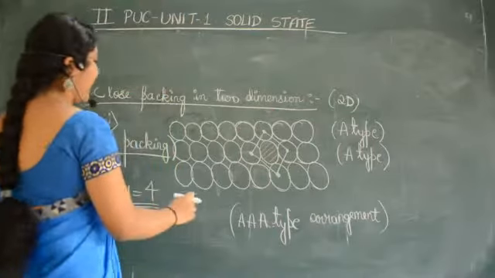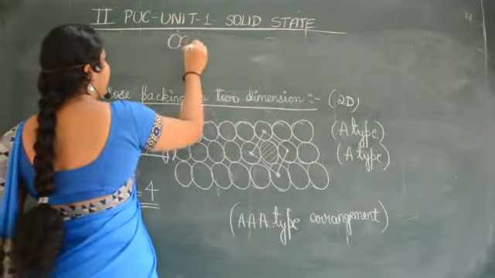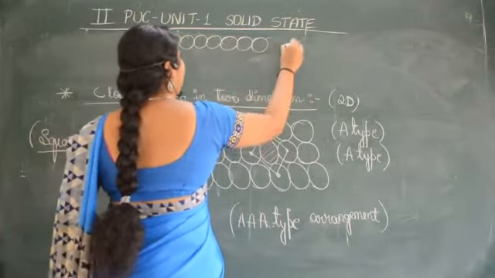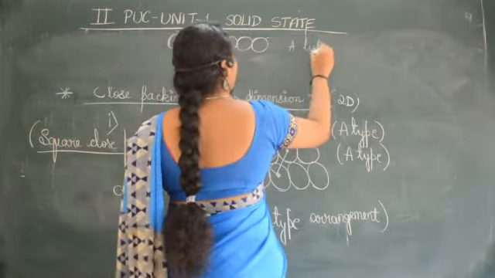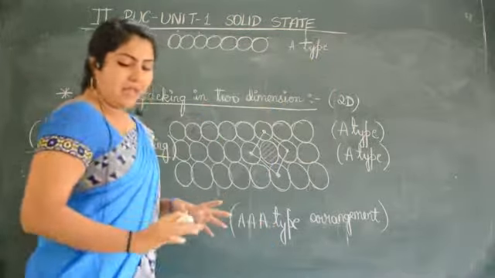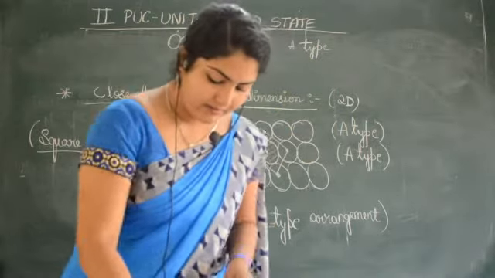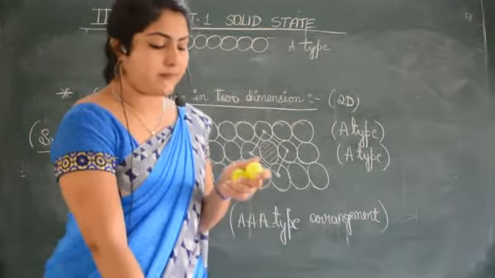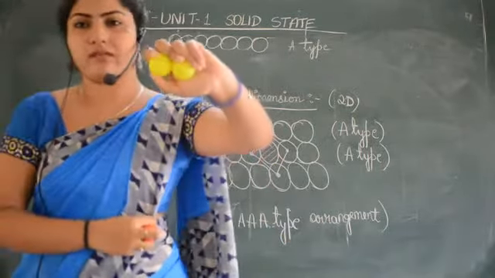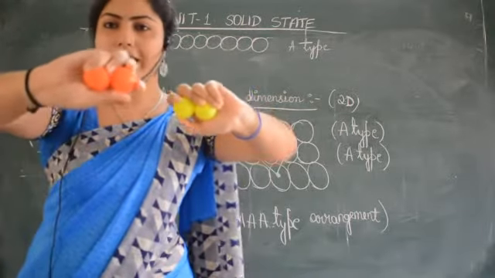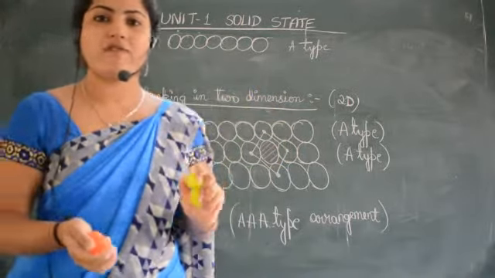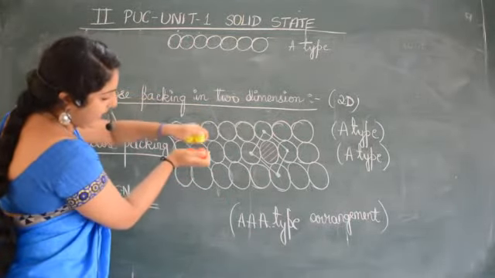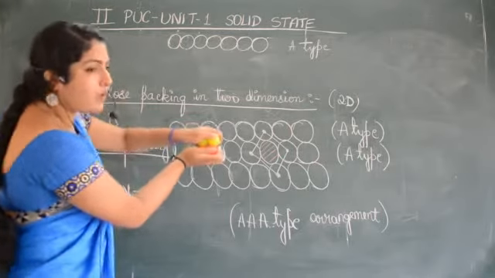Another way is that, see, this is one layer which we had taken, A type. This is an A type layer. Now the same type of layers, see, this is one layer, and this is one more layer. Instead of placing it exactly, it was like this, one layer, and exactly below one more layer was placed.